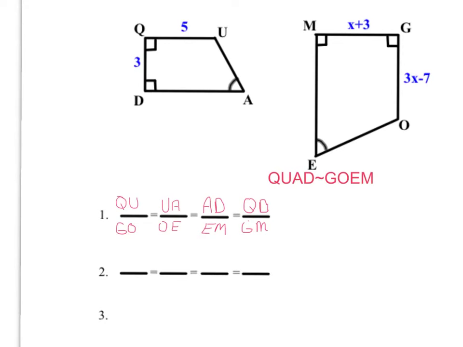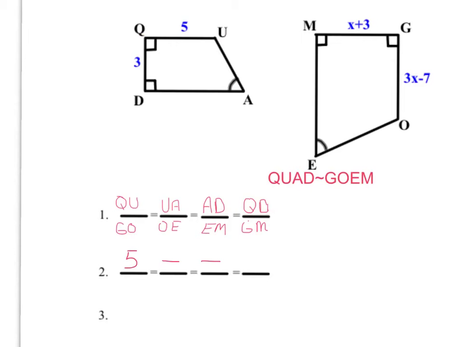So I will now take QU right here at the top, UA, AD, and QD, and I will just work my way around our first trapezoid. So we have QU looks to be 5. UA, we don't have anything in this case, so we'll just leave it empty. AD also nothing, leaving it empty.